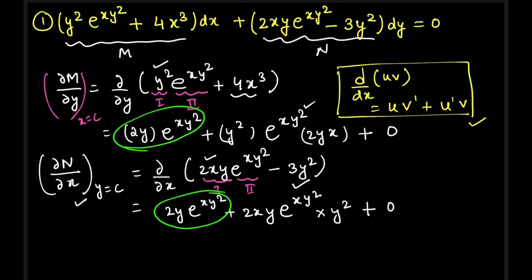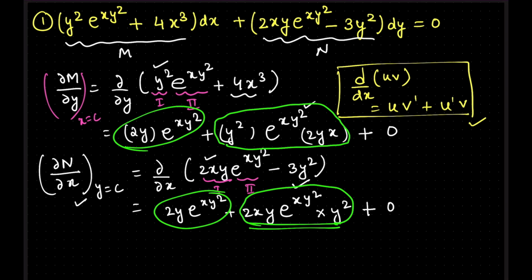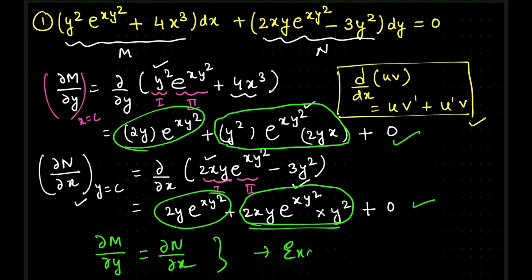Similarly the second term: here you will see 2x y cube into e to the power x y square, and here also this term is 2y cube x e to the power x y square. Again these two terms are the same and the next term is 0. So you will see that ∂M/∂y is equal to ∂N/∂x. So this equation is an exact differential equation.